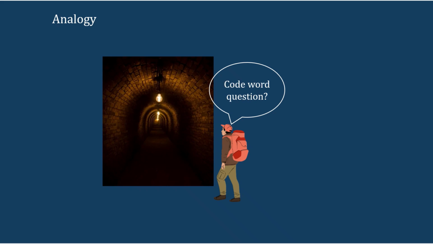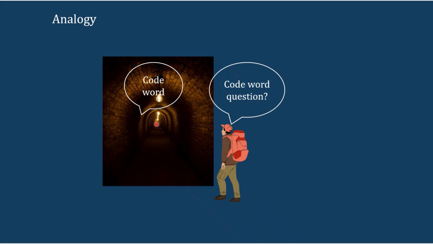But consider the scenario where you have some code words that you decided on before your travel, and you ask that code word question through the tunnel, and you get that code word as the answer. You can be sure that your friend is inside this tunnel.